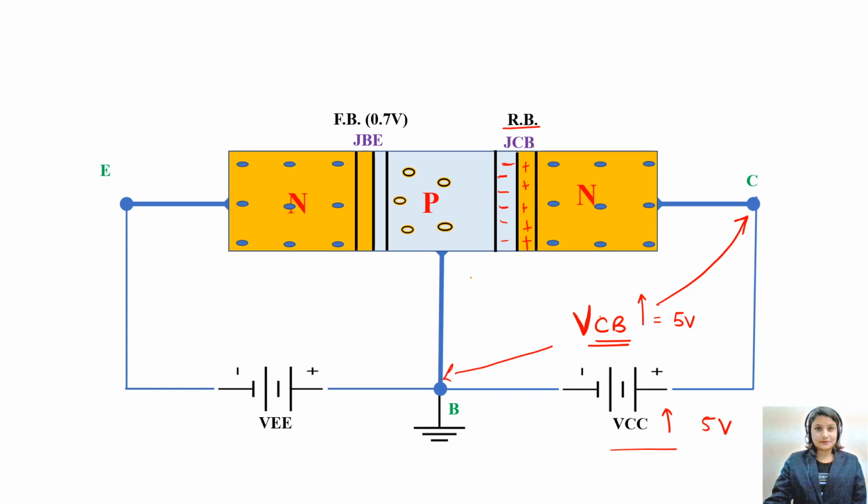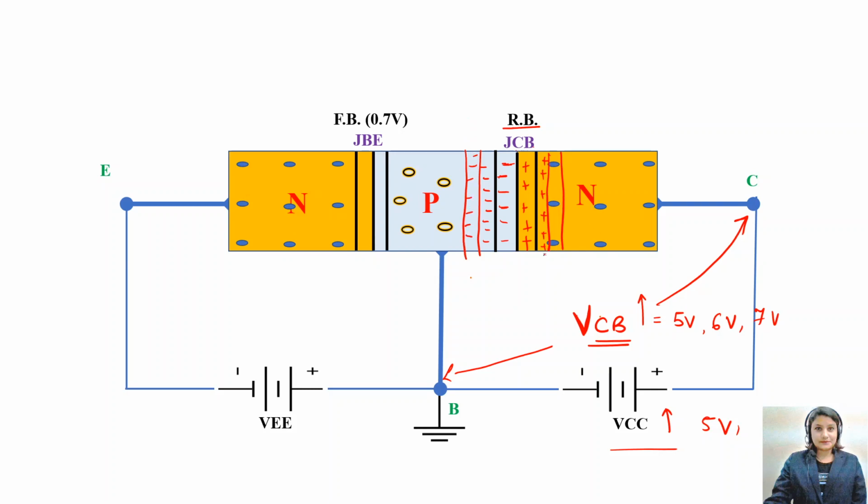Now go on increasing beyond this 5 volts, make it 6 volts, make it 7 volts. What will happen? As you make it more reverse biased, the depletion region will start increasing towards the base side, right? You make it 7 volts, the depletion region again goes on increasing.